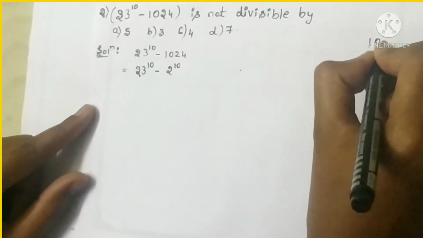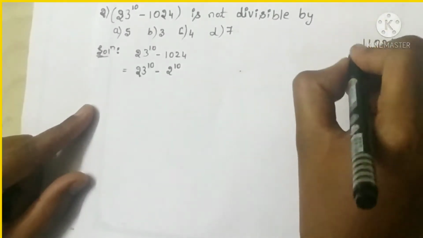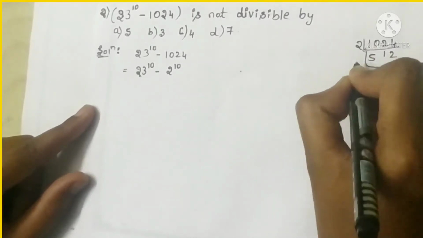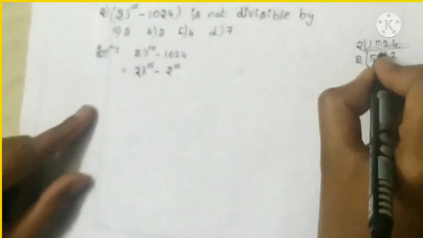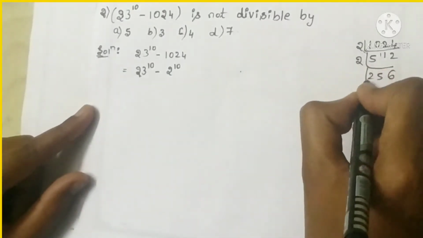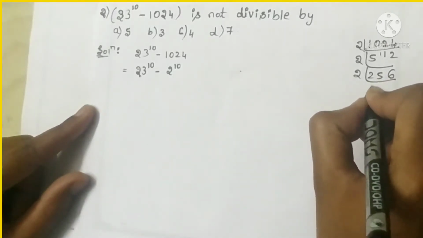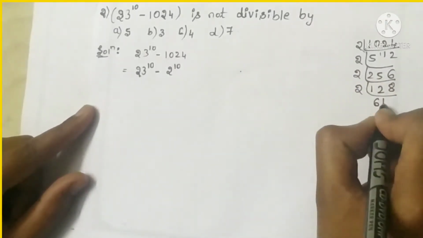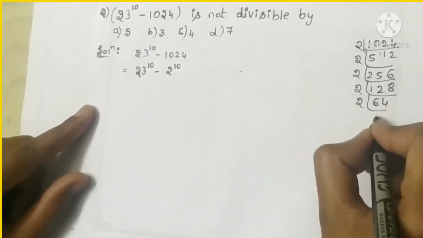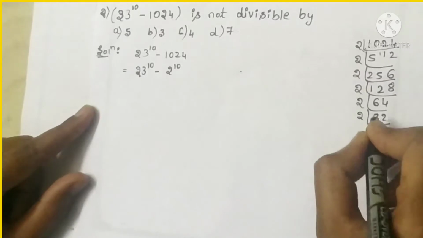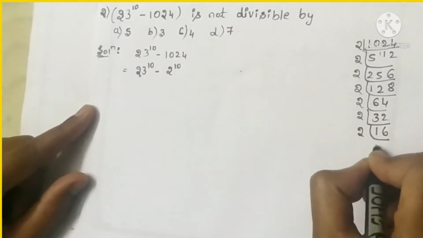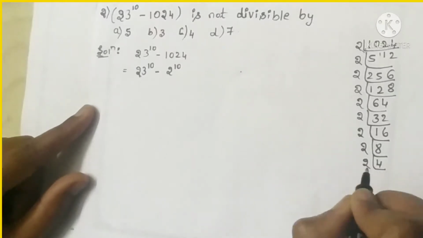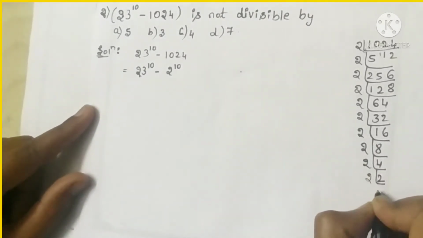1024 is divisible by 2. 2 5s are 10, 2 1s are 2, 2 2s are 4, 2 2s are 4, then 2 5s are 10, 2 6s are 12, 2 8s are 16, 2 64s are 128, 2 32s are 64, 2 16s are 32, then 2 8s are 16, 2 4s are 8, 2 2s are 4, then 2 1s are 2.